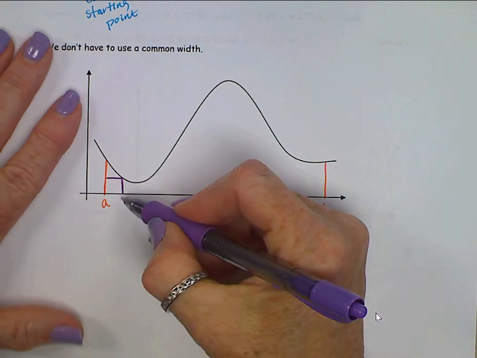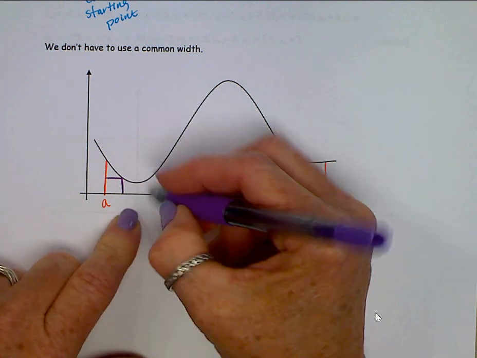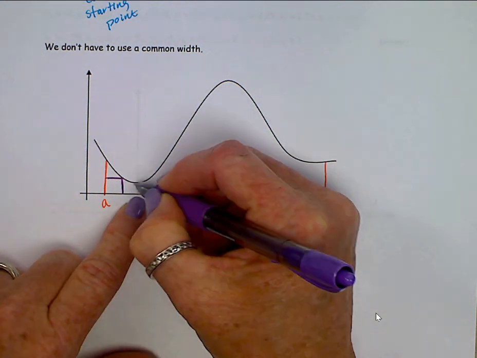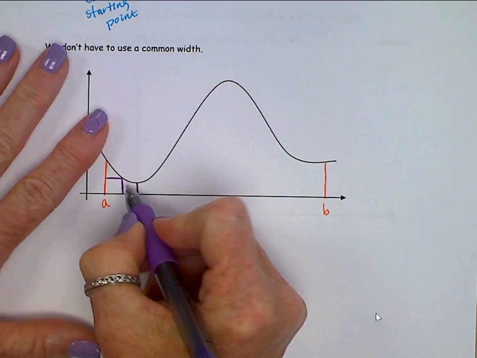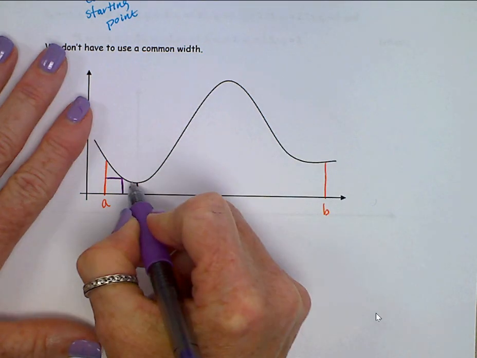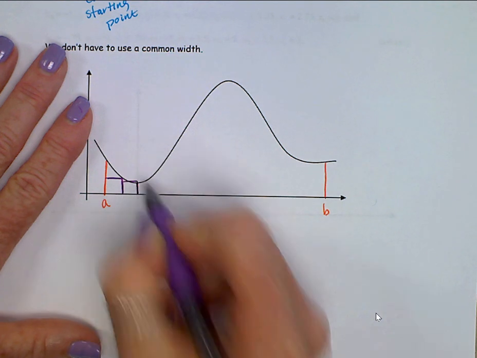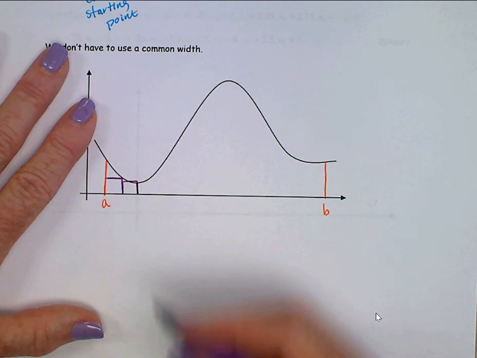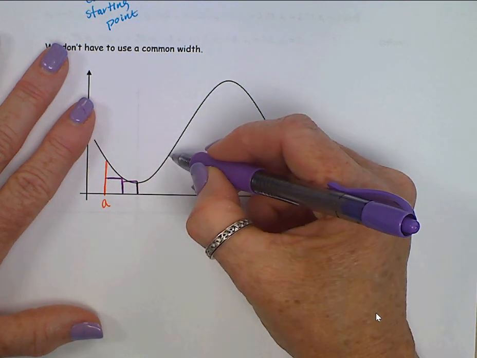And that is an RRAM rectangle. Maybe our next rectangle, we want to be right here. And let's make that one maybe an MRAM rectangle.